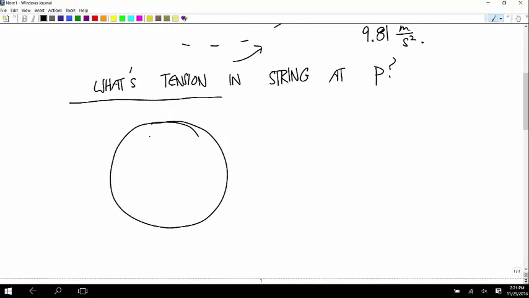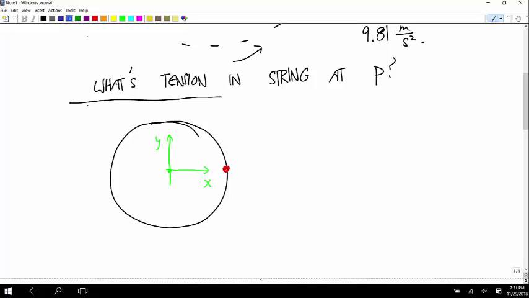Okay, so there's the path. And I'll put the coordinate system here, X and Y. And now the point that we want to analyze, it's given for us in this problem. Sometimes we get to choose, but we want to analyze that point there.